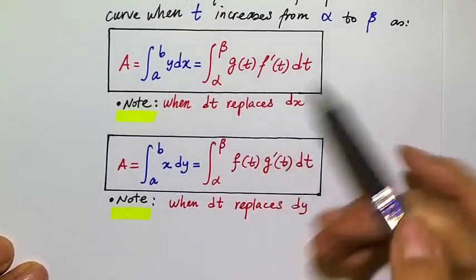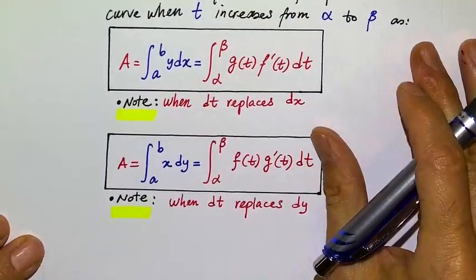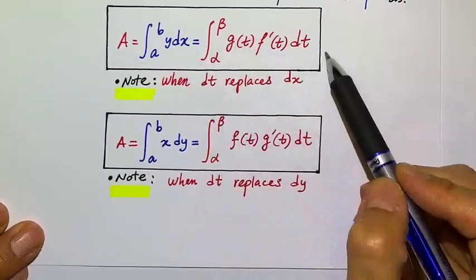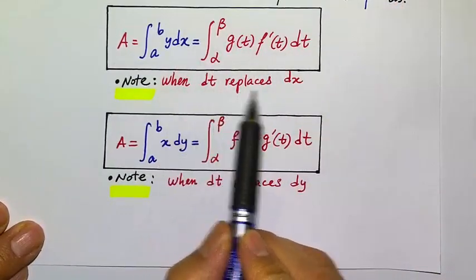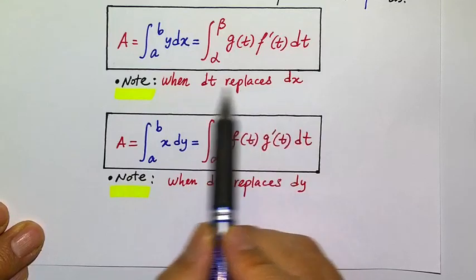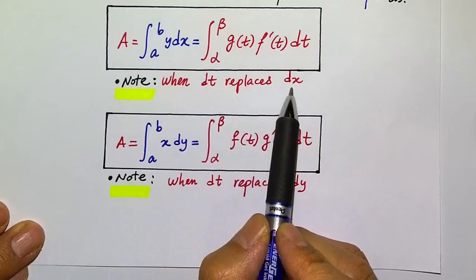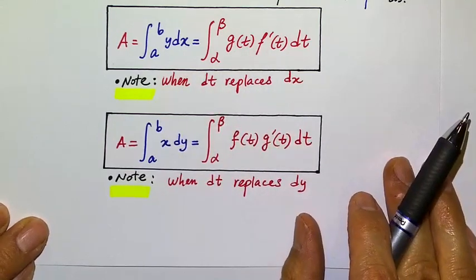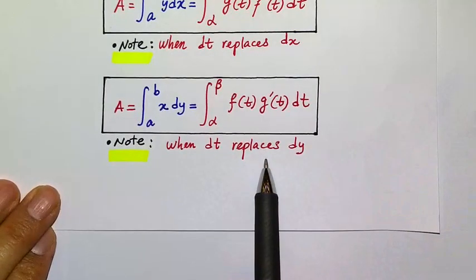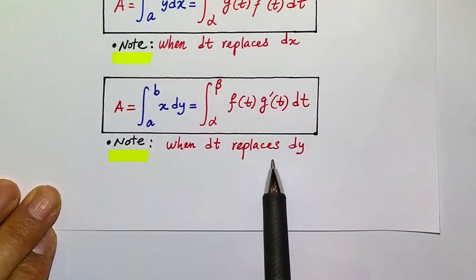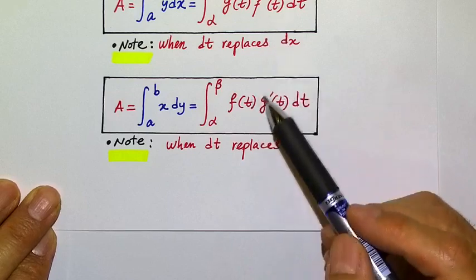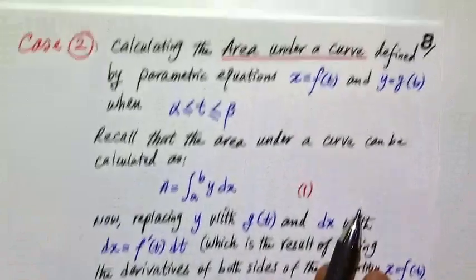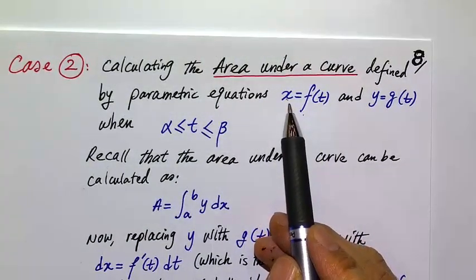But I've listed two formulas as an addition to what your book explains. So we will use this when dt replaces dx. So when integration happens with respect to the x variable, then this is the formula that we use. But when the integration happens with respect to the y variable, then what we do is the opposite. We will take the equation that represents x.